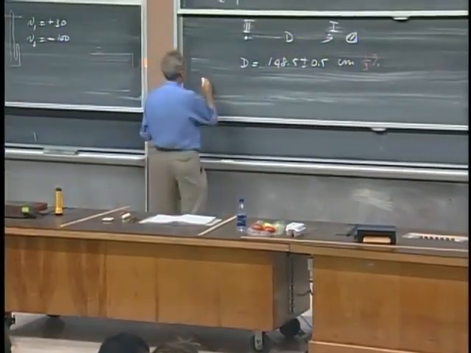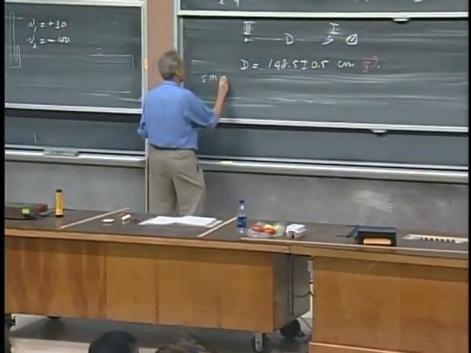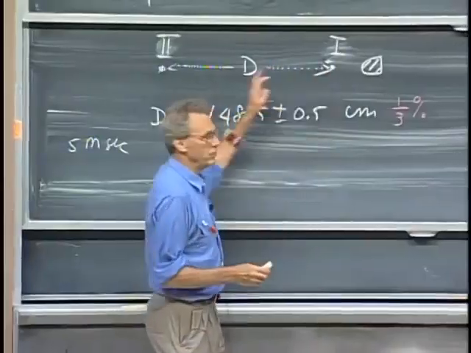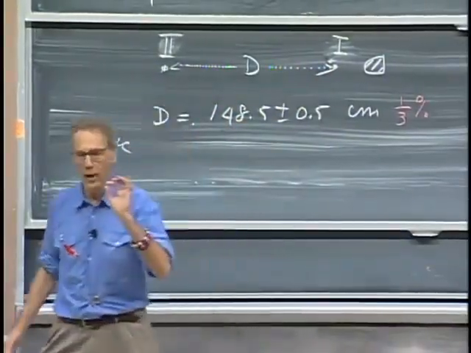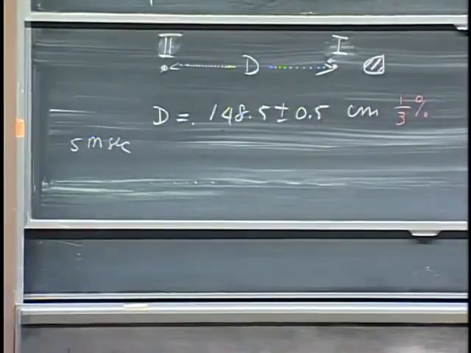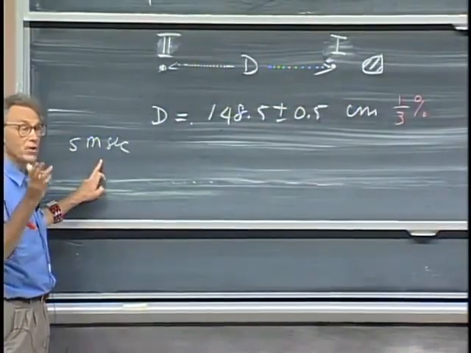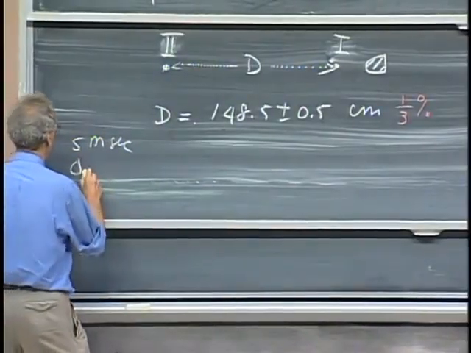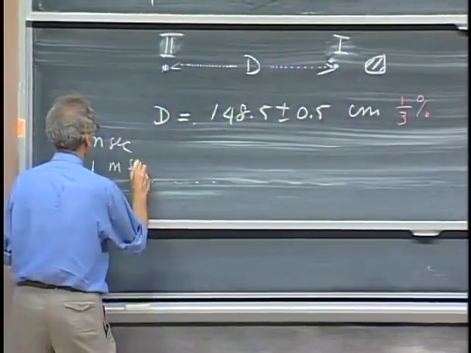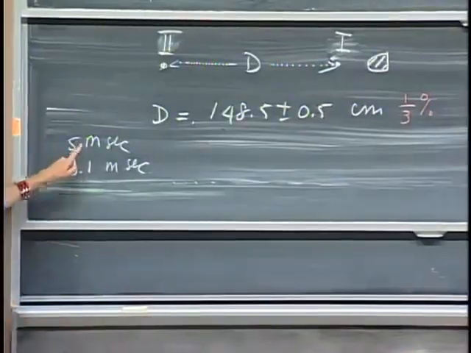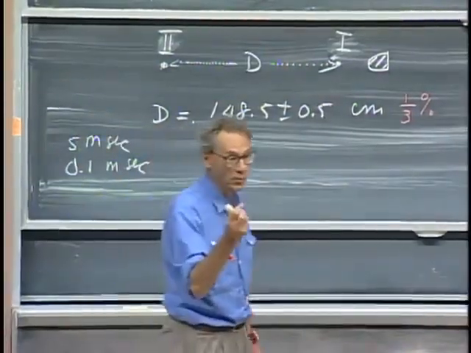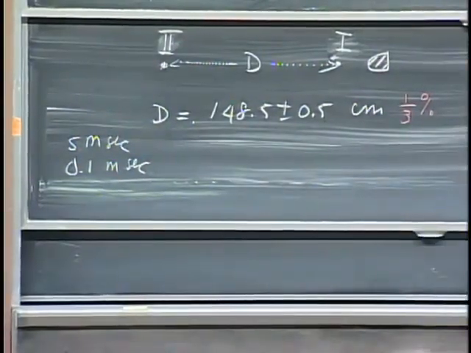Then it would take 5 milliseconds for this bullet to cross from here to here. And if I want to make a measurement to 2% accuracy, I have to know this timing to about 1/10 of a millisecond, because 1/10 of a millisecond is about 2% of 5. So that sets the accuracy that I need to make the time measurements.